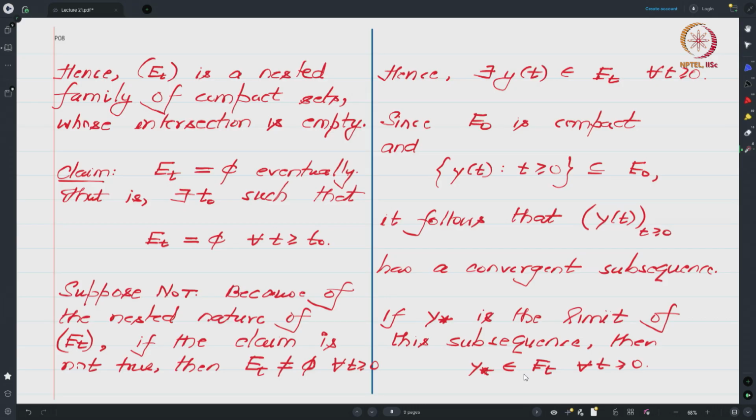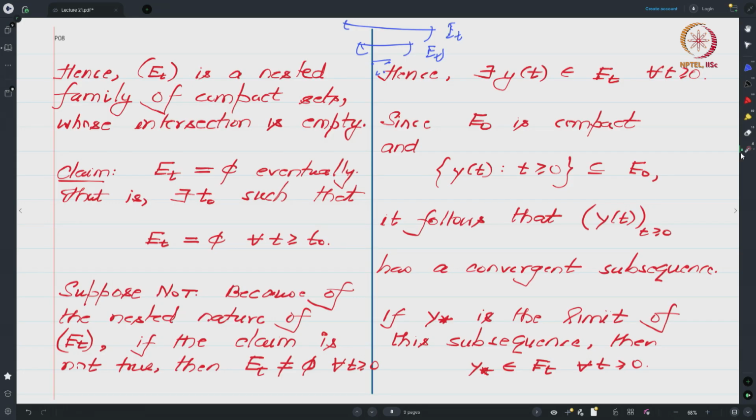And hence one can conclude that this sequence Et is actually a nested family. Nested family means if you draw your Et in this fashion, your Et prime is actually contained within this. So, in a set valued sense this is contained within this, and as you increase your t values you will get smaller and smaller sets.